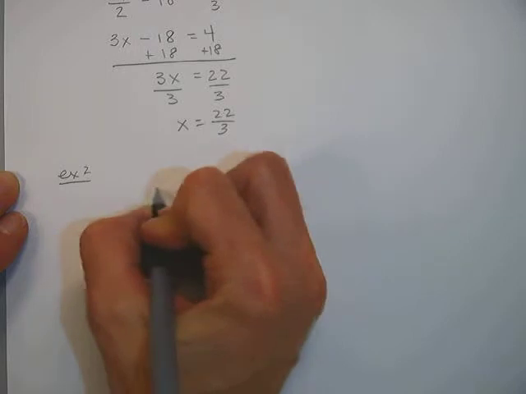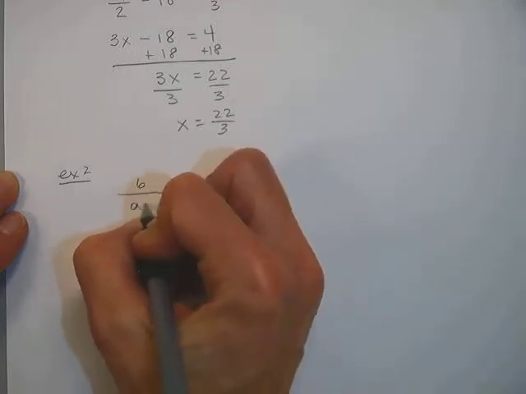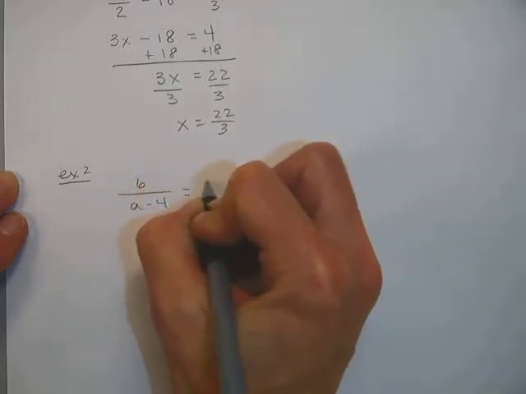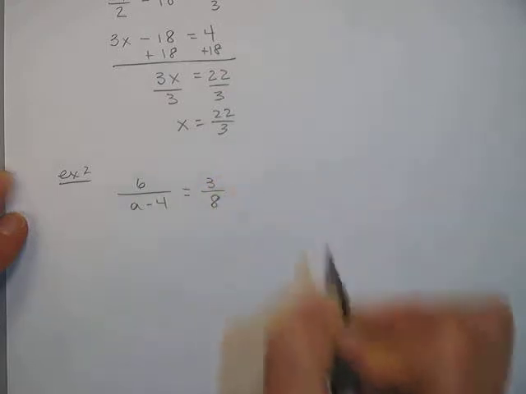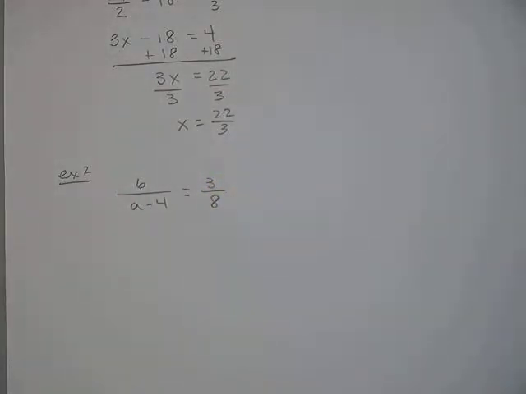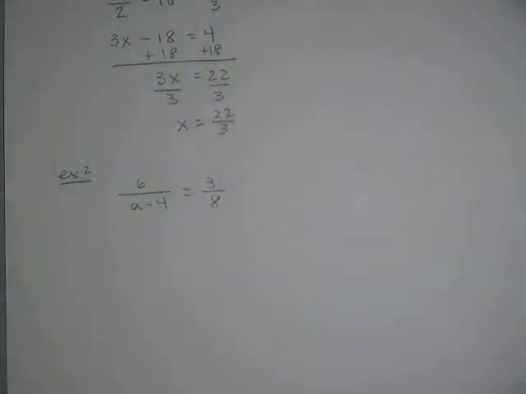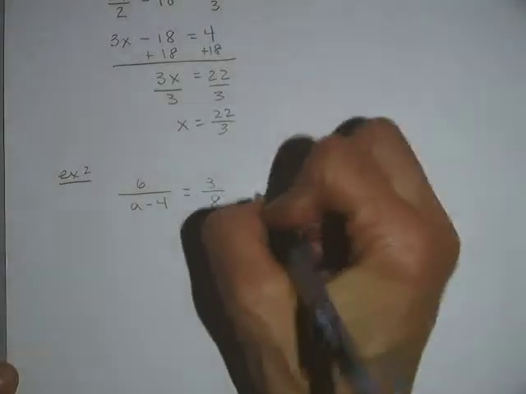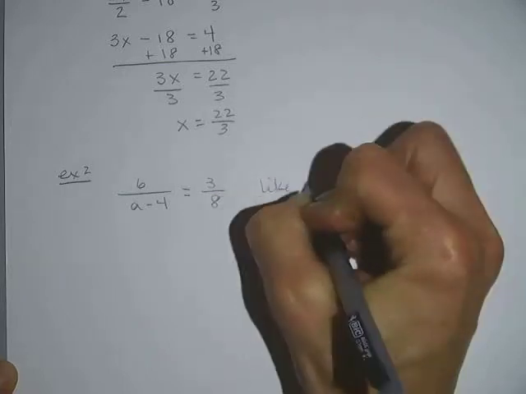Next example, example 2. Let's say I've got 6 over... What I like to do in this case, what does this remind you of? A proportion. How do you solve proportions?